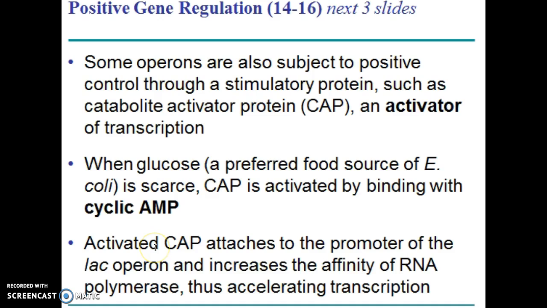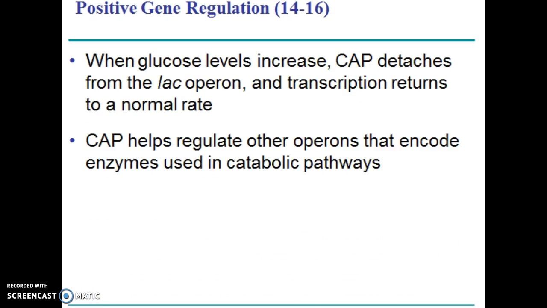So when activated, CAP attaches to the promoter of the lac operon and increases the affinity or ability to bond to RNA polymerase, and this accelerates the process of transcription in that lac operon. So when glucose levels increase, CAP will detach from the lac operon, and that will return transcription to a normal rate.